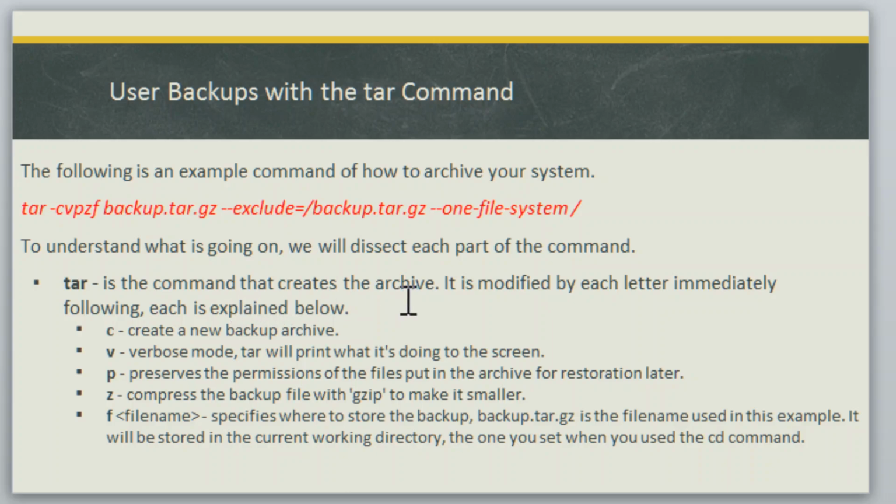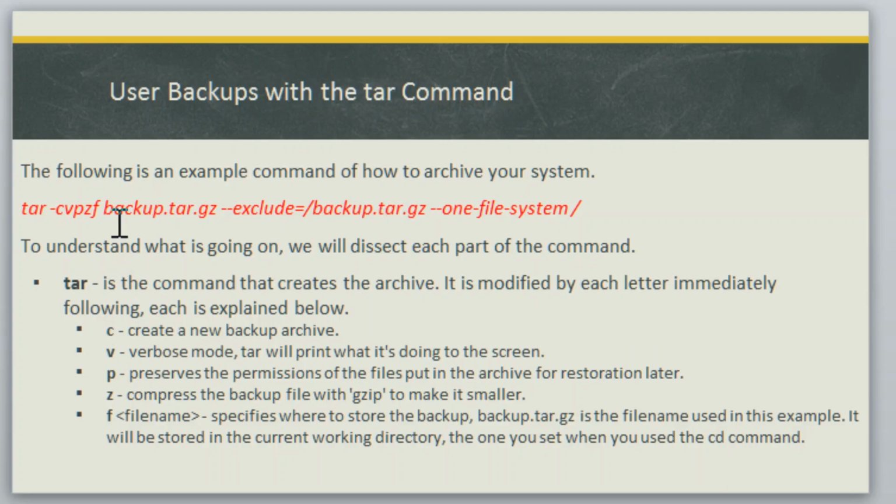So tar is the command that creates the archive and is modified by each letter immediately following it, which are the flags. So we have C for create, V for verbose, which is going to show us exactly what's going on the screen. We have P for preserve, which preserves the permissions of the files put into the archive for restoration later. Okay, so all the permissions on this file are being preserved, so we don't have to change them later on when we create those files.